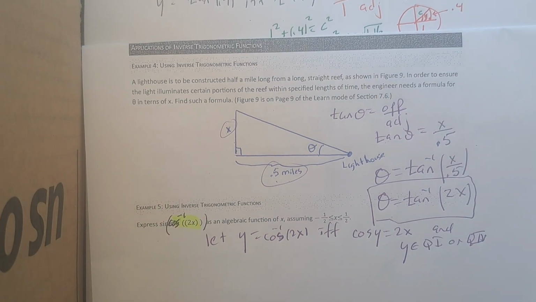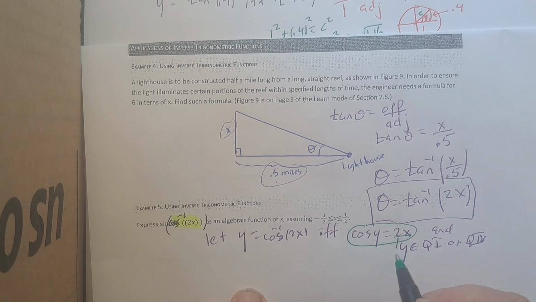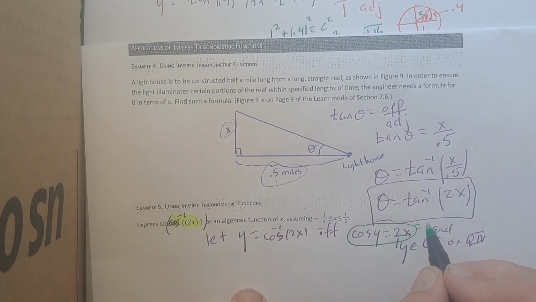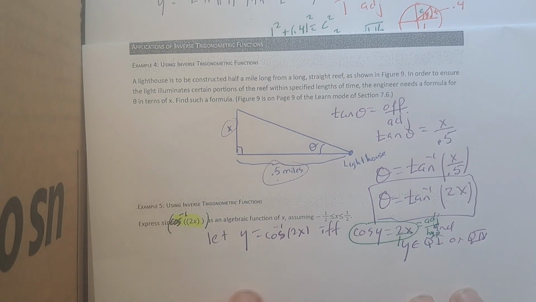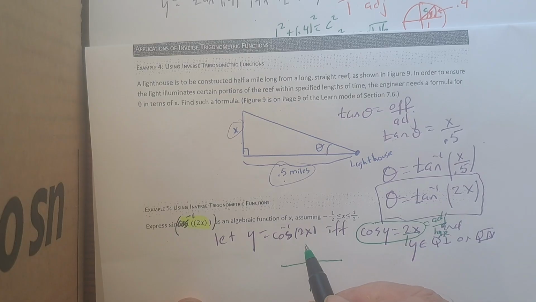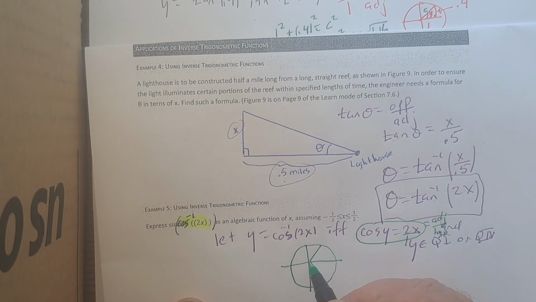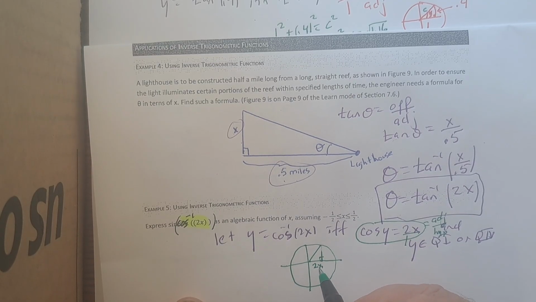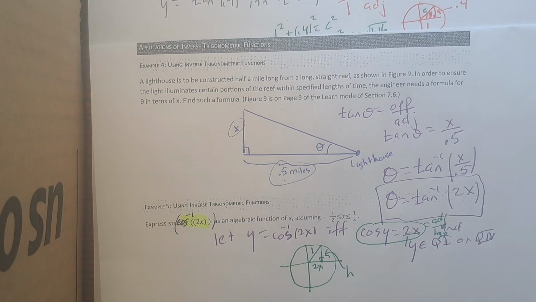Okay, and then to set things up, we'll think of 2x as 2x divided by 1 so that you have an adjacent side and a hypotenuse. So in a triangle, if 2x is the adjacent side, hypotenuse is 1, and we'll call this the h, height, for the opposite side.